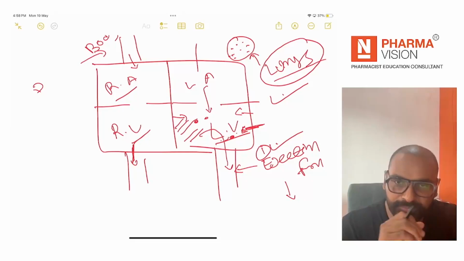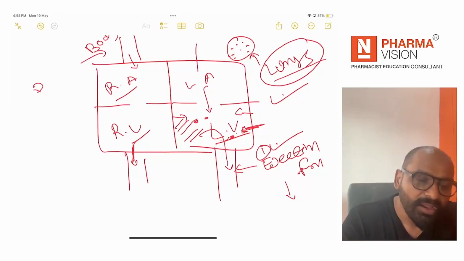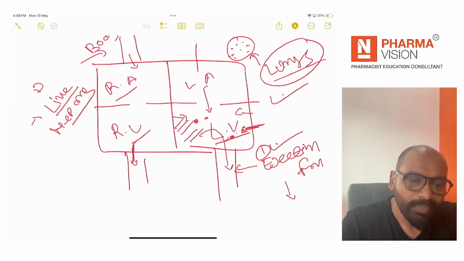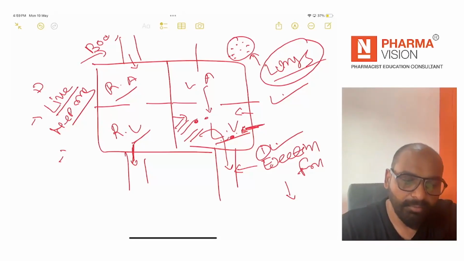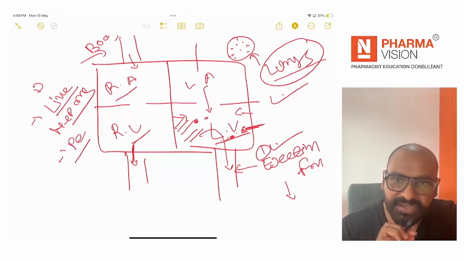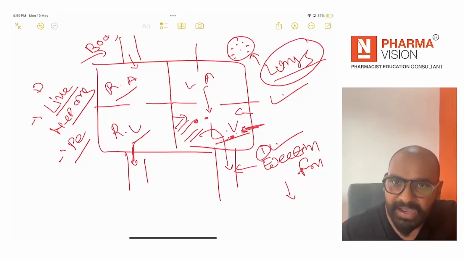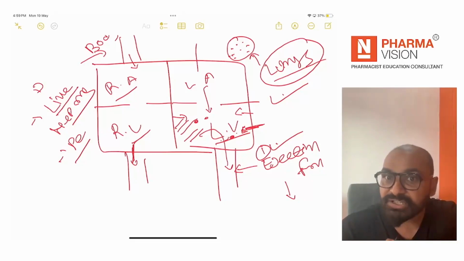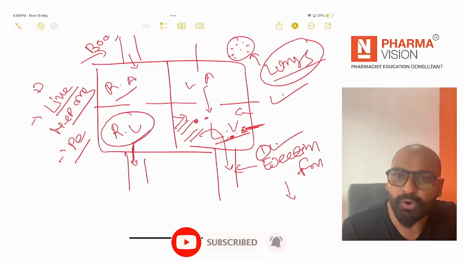Second, your liver is accumulated with fluid, hepatomegaly. Third, your legs and feet: pedal edema, an edematous condition in the lower part of the body. So swelling in your legs, hepatomegaly, jugular vein distension, these are the symptoms associated with right ventricular failure.